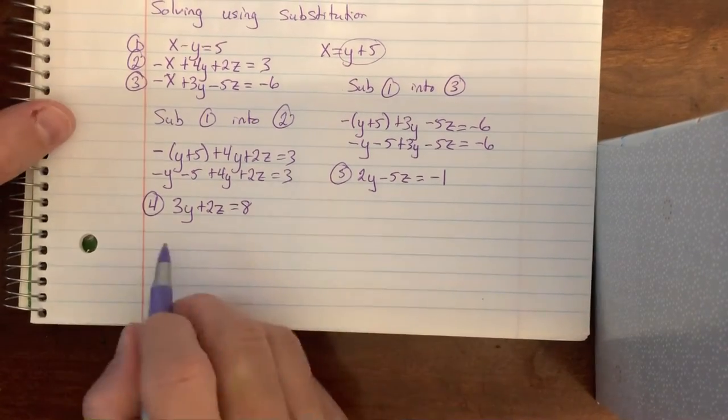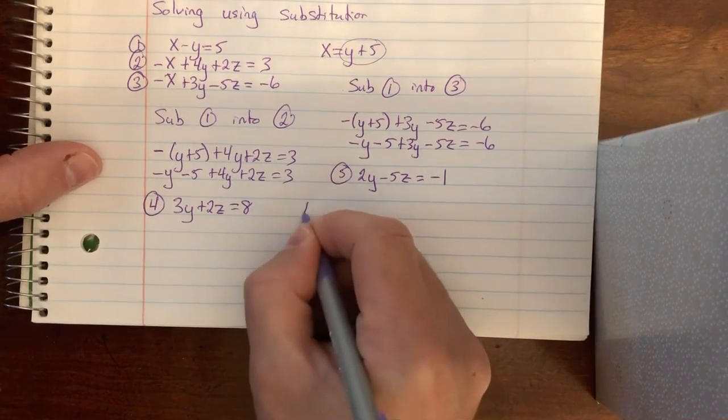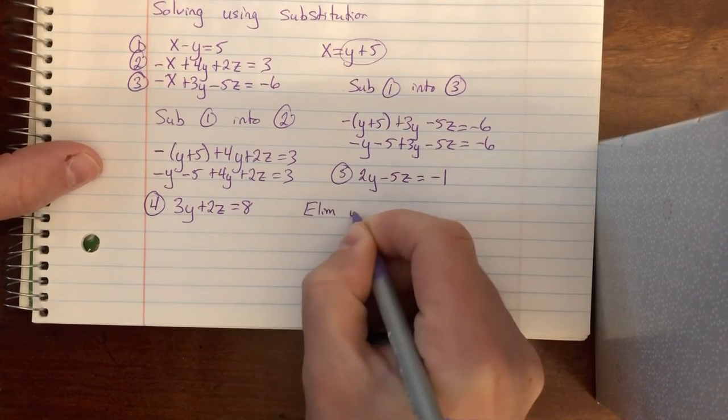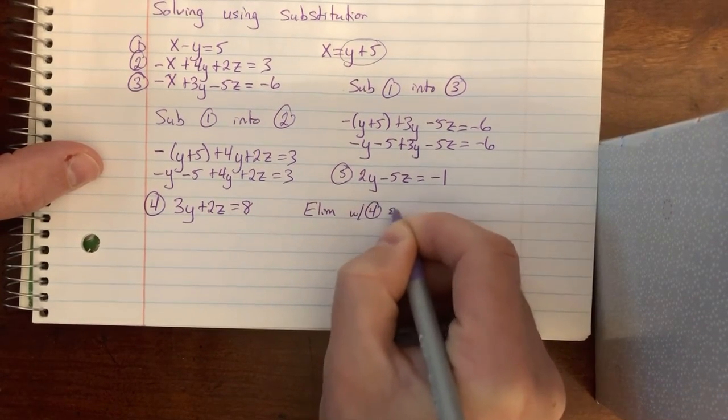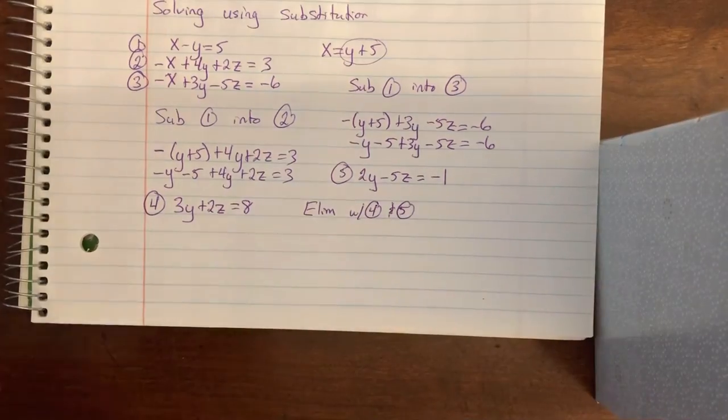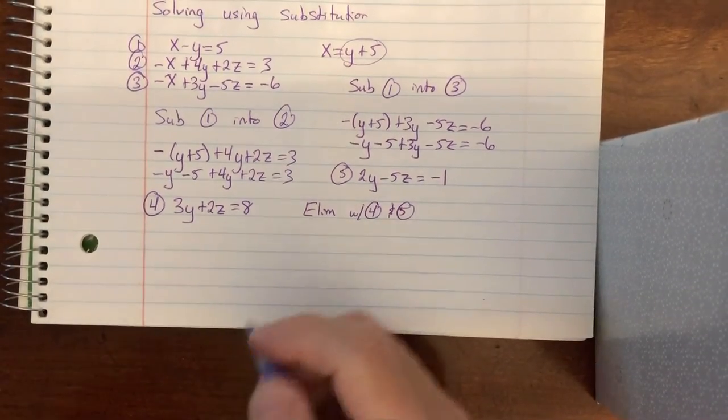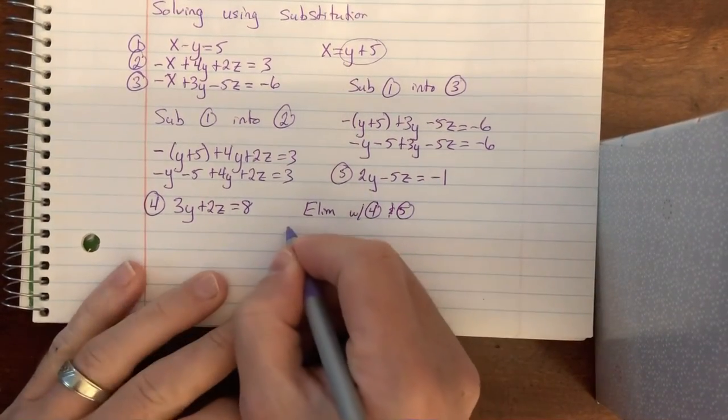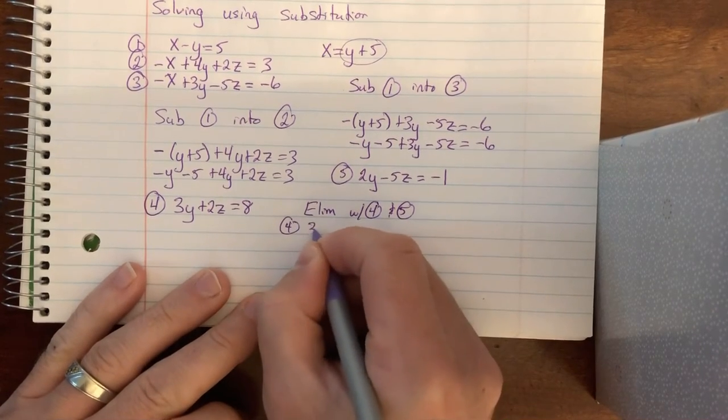So once I have equation 4 and 5, now I'm going to use elimination with 4 and 5. We could use substitution again, but we're going to have fractions, and I know how some of you feel about fractions, so we're going to use elimination here.